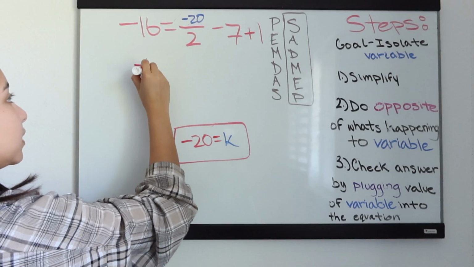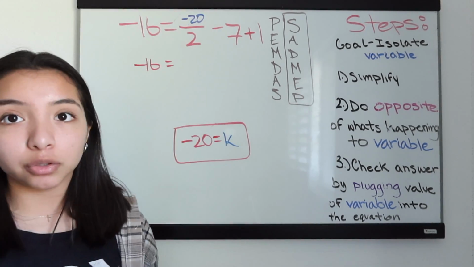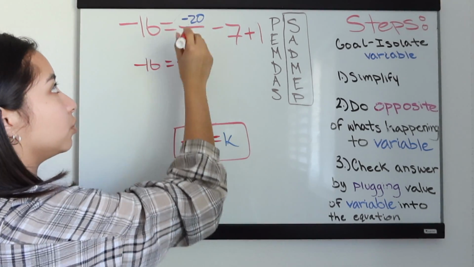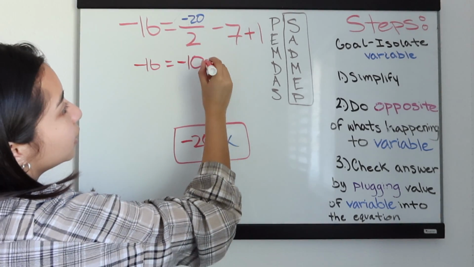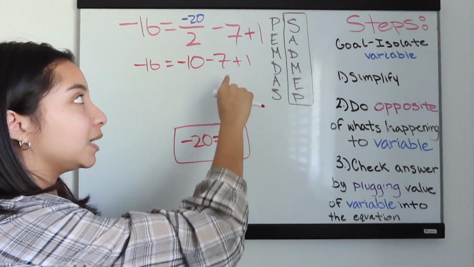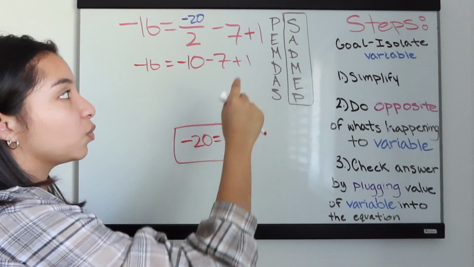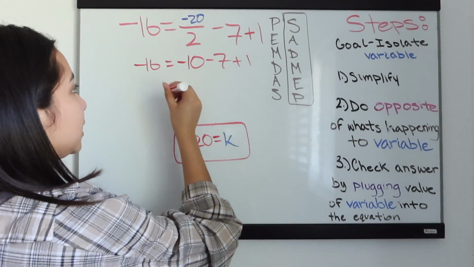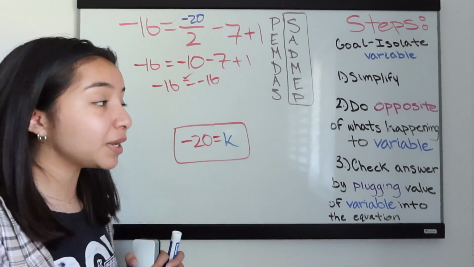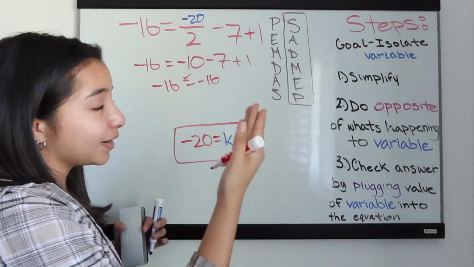The negative 16 just drops down, is equal to negative 20 over 2, which is negative 10, because negative 10 times 2 is equal to negative 20. Minus 7 plus 1. Negative 10 minus 7 is equal to negative 17, plus 1 is equal to negative 16. So negative 16 is equal to negative 16, which means that k is indeed equal to negative 20.